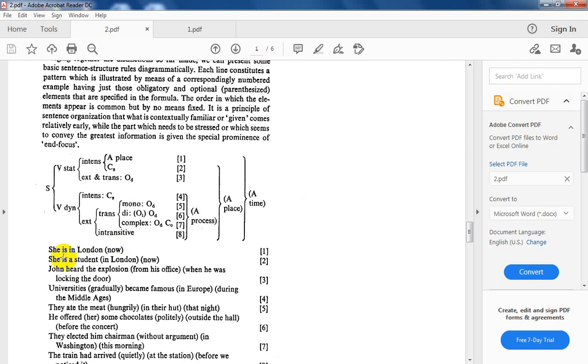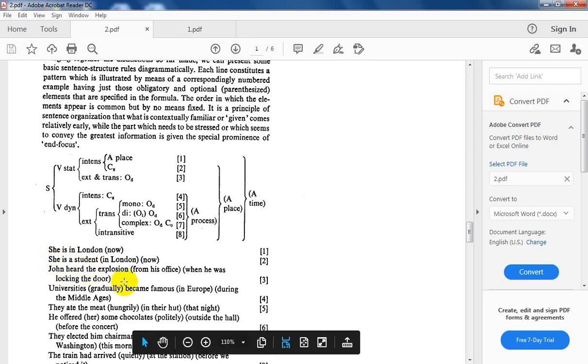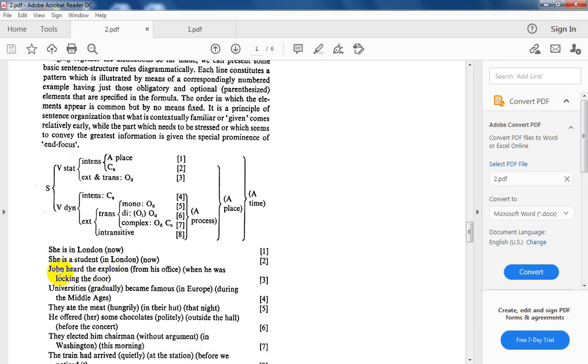The second case: She is a student. She is the subject, is is the verb, a student is the subject complement. Here it is intensive stative, no action. There is a subject complement. John heard the explosion. John is the subject, heard is a stative verb, since it is a verb of perception.